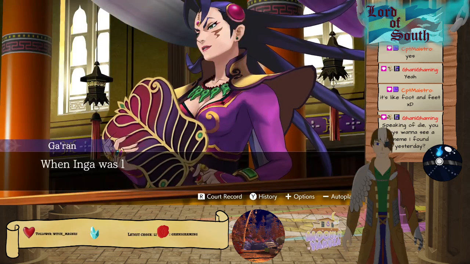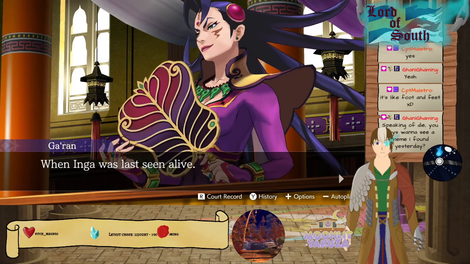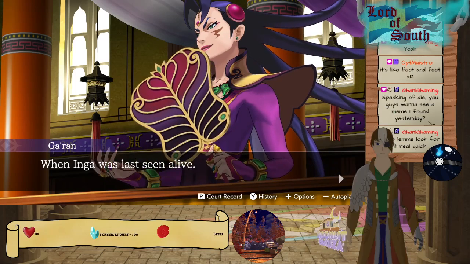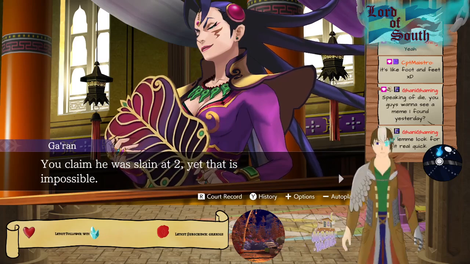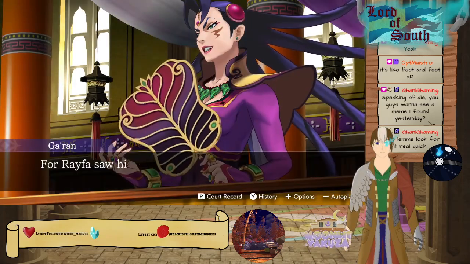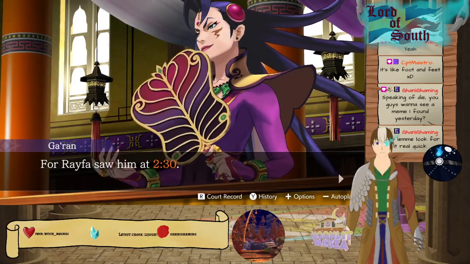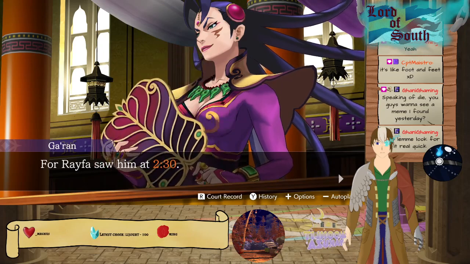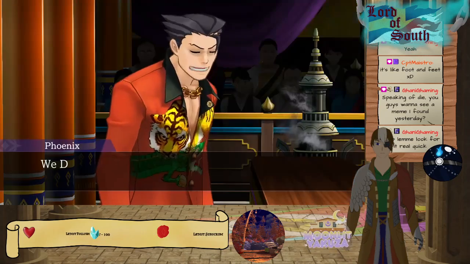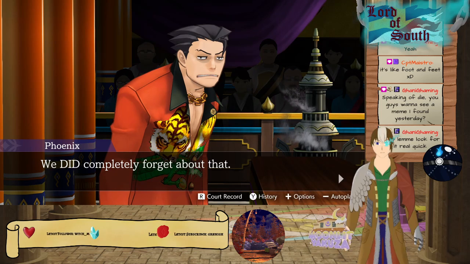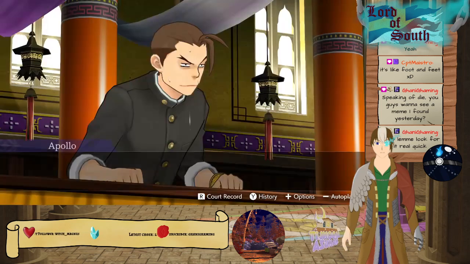Facts like, when Inga was last seen alive, he claimed he was slain at 2. Yet that is impossible. Rifa saw him at 2:30. Channeling. Wait, did I completely forget about that?